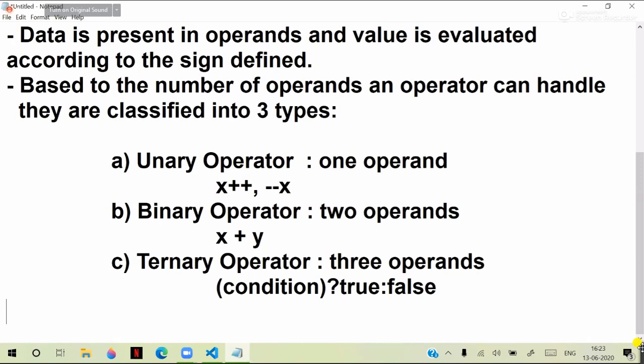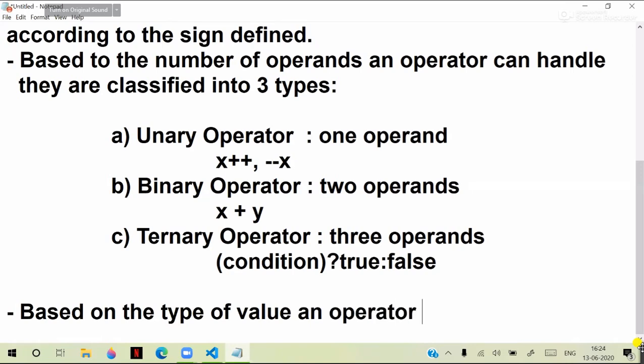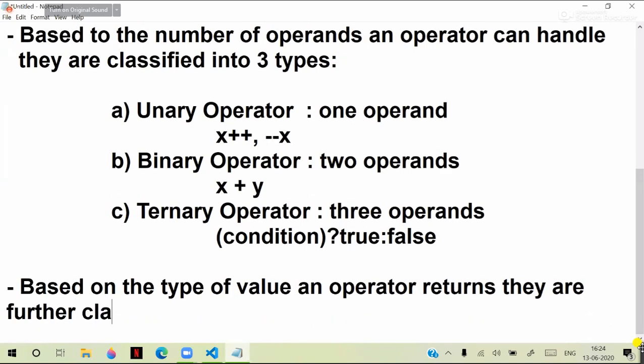Only the important operators which are different, we will discuss them. Initially, based on the type of value an operator returns, they are further classified into several types.